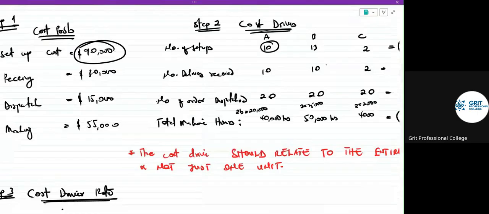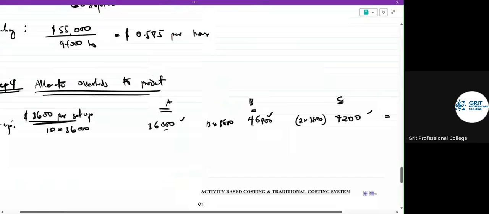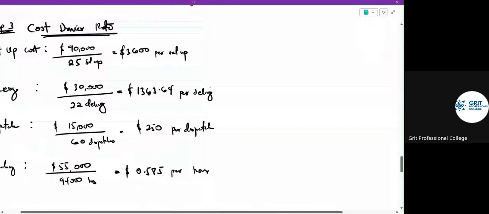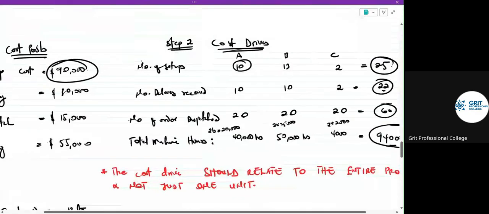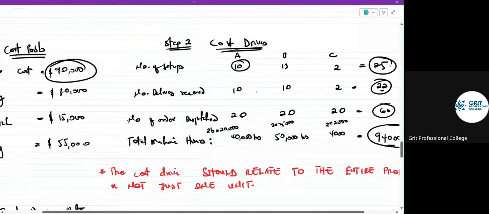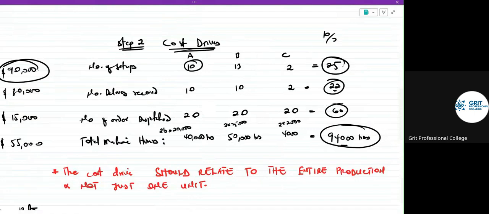That's all. There's another way you can go about getting this 36,000, 46,800, and 7,200 without having to calculate the cost driver rate. And it's simple. We are sharing the 90,000 for the three products. The total setup for the entire organization is 25. A contributed 10 out of the 25.